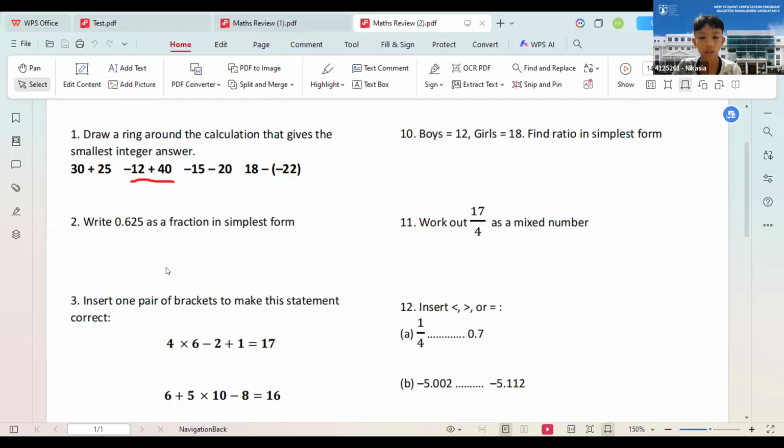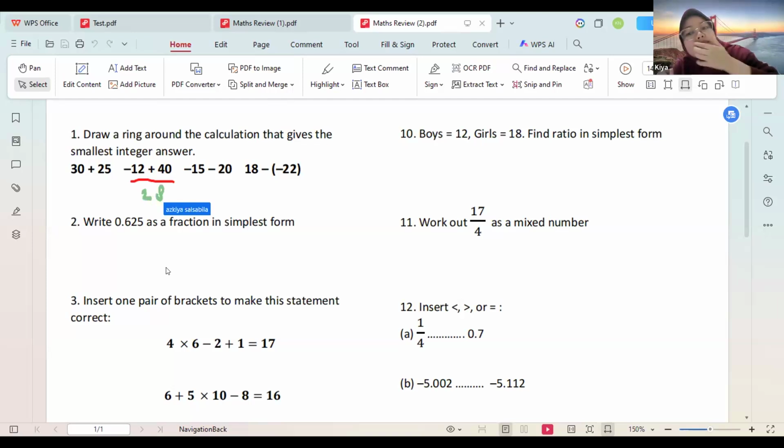Okay. So if the negative is smallest, it will become positive? Because with positive and negative, if the negative is smallest, there is a remainder for the positive.